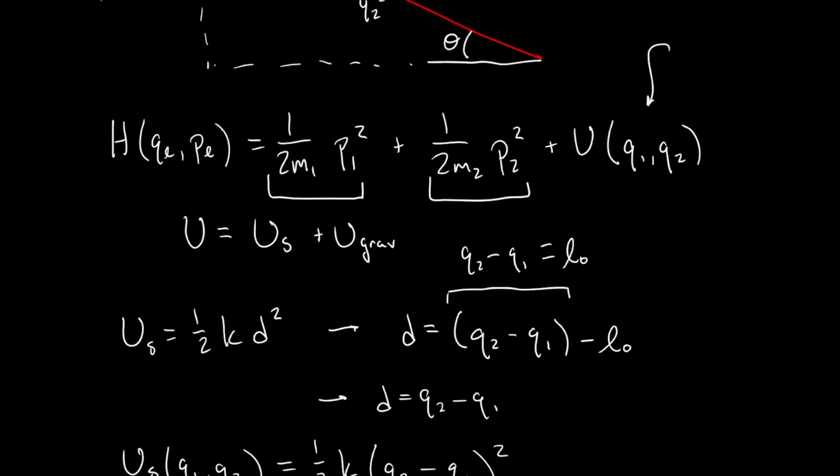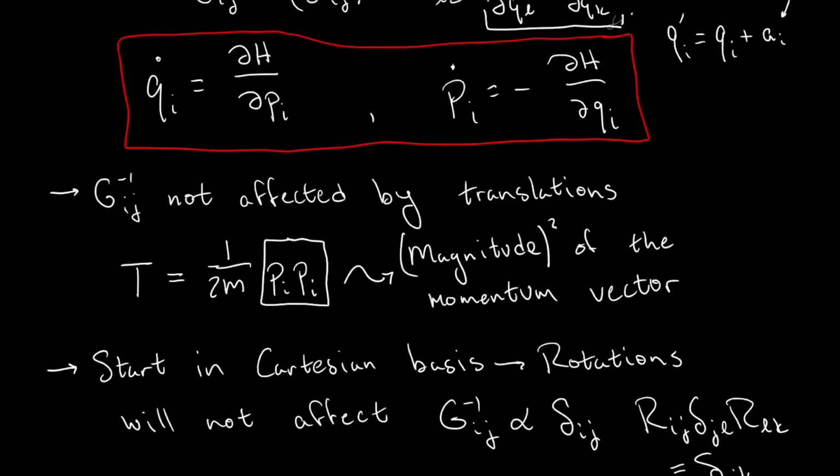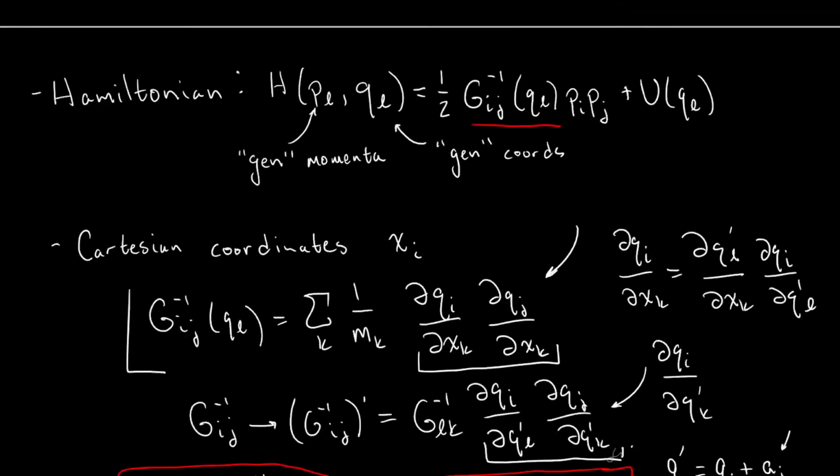But essentially, this inverse G matrix that we introduced in the form of the Hamiltonian up here is essentially just to bookkeep for the fact that when we make these coordinate transformations, it might change our form of the potential energy. Or, sorry, the kinetic energy. Of course, it's going to change the form of the potential energy as well.